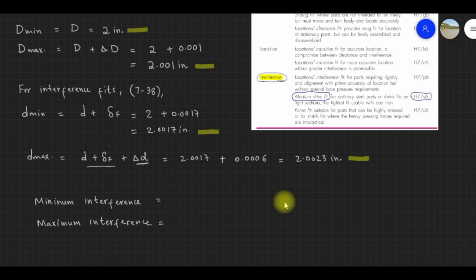Now how can we calculate the minimum interference? There will be minimum interference when the hole is at its maximum limit and the shaft is at the minimum limit. In that case, there will be the minimum possible interference.